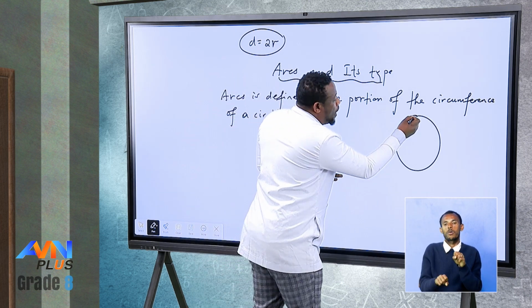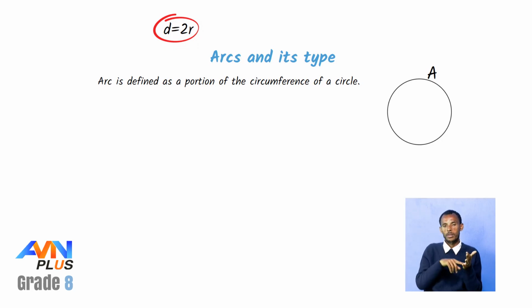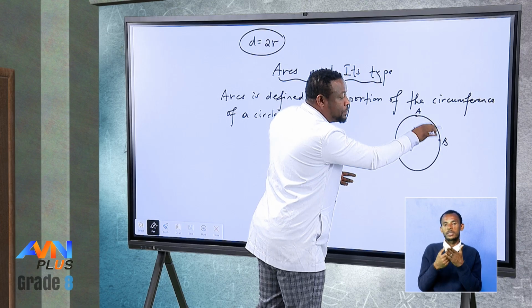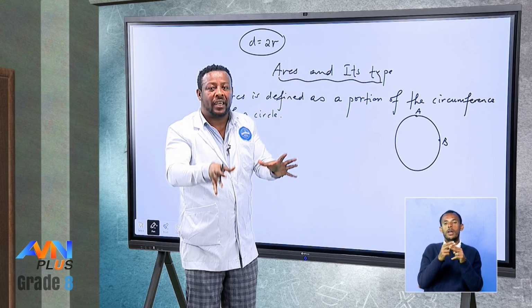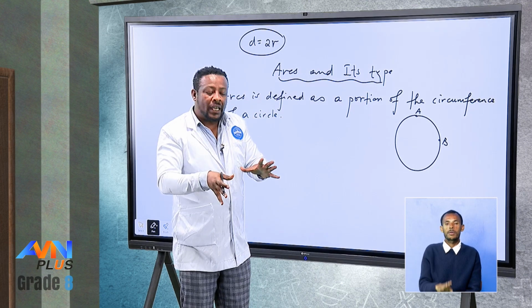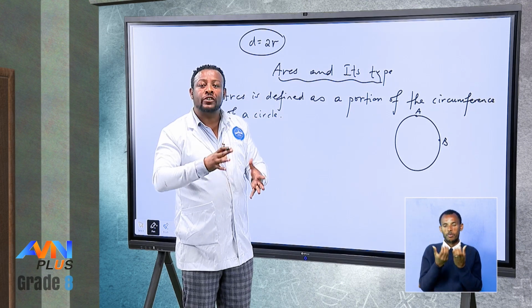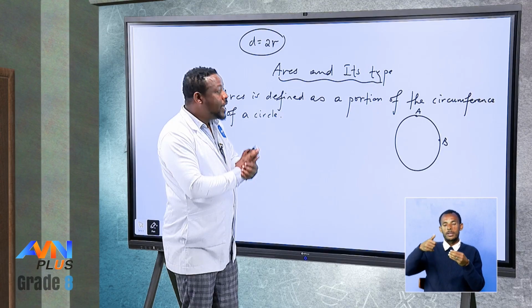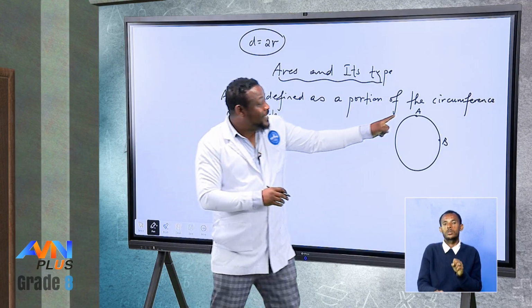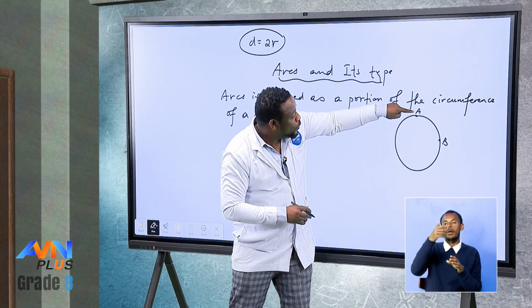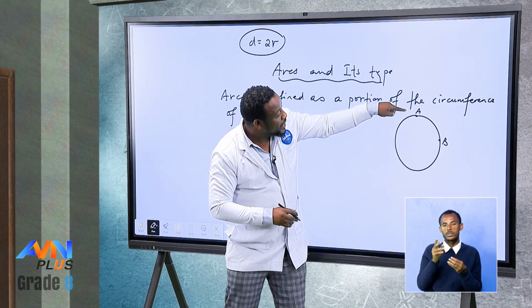So if you have 2 points, say A and B, okay, this piece is called arc AB, some part of the circumference of a circle, okay? So this is arc AB. You can also say this is also arc AB.